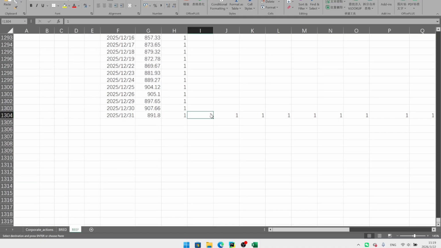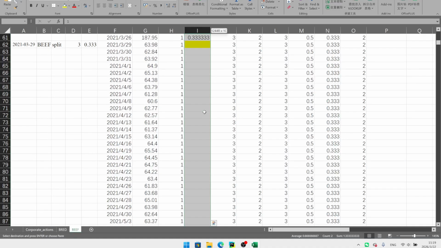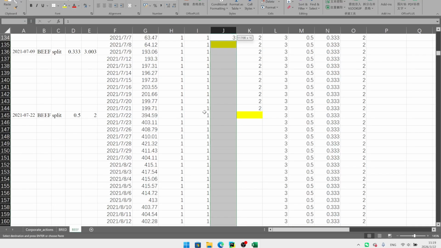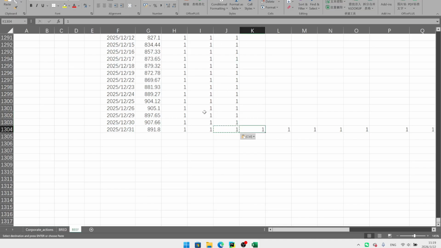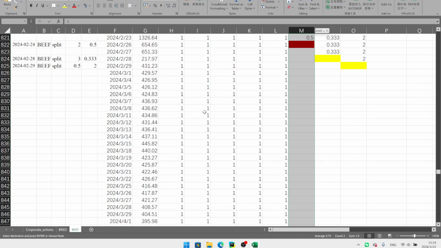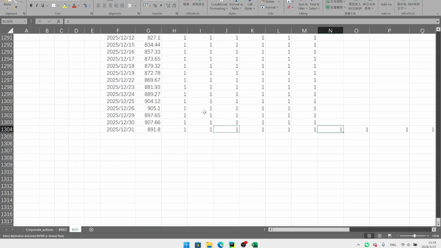So let's do that. Ctrl V, Ctrl V, Ctrl V, Ctrl V.